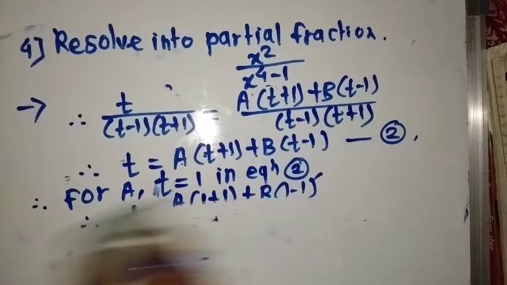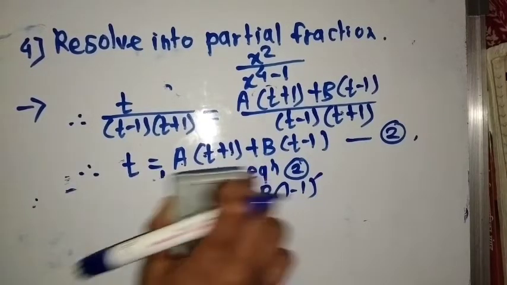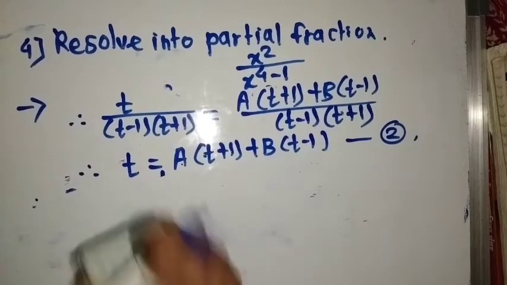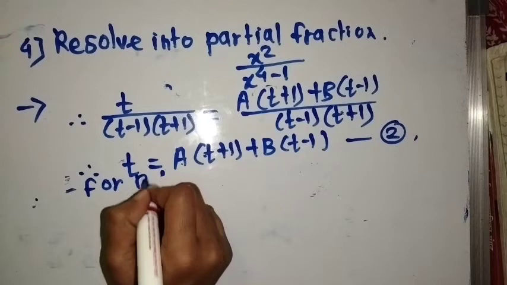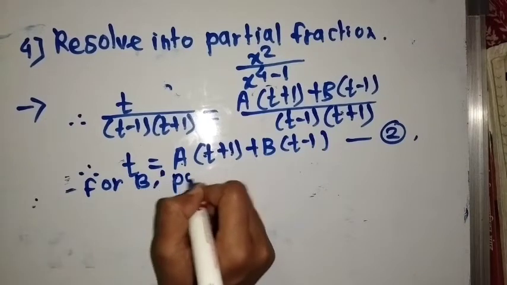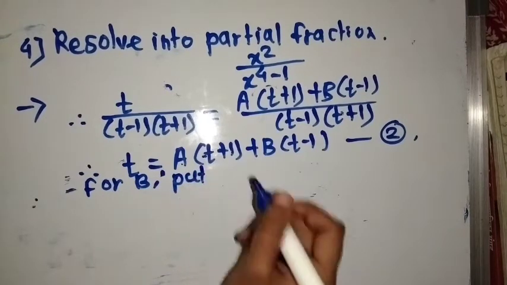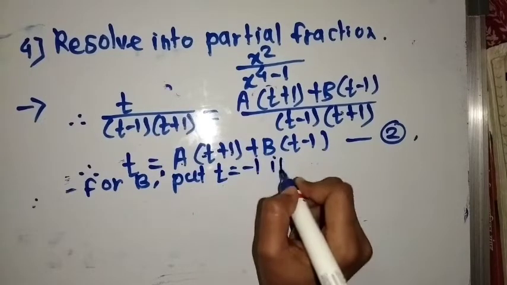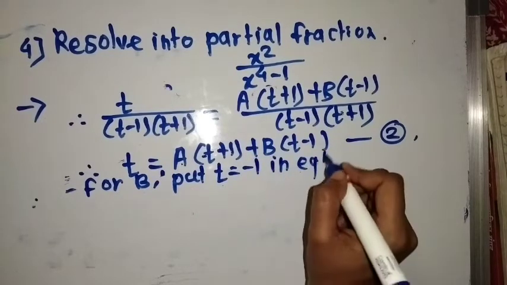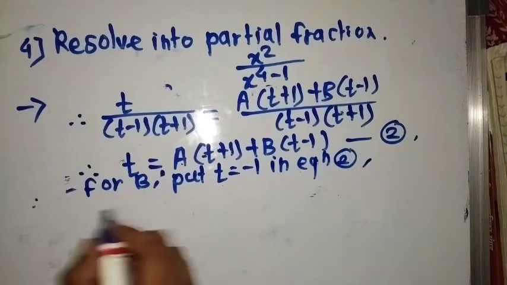Also we find out for b, we put this value get 0, hence t is equal to minus 1 in equation 2.